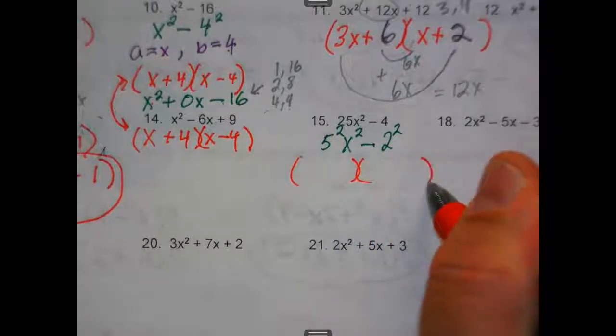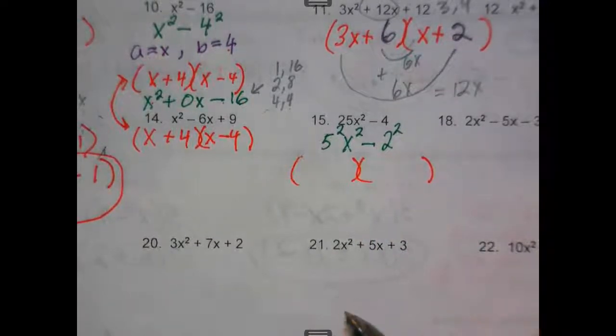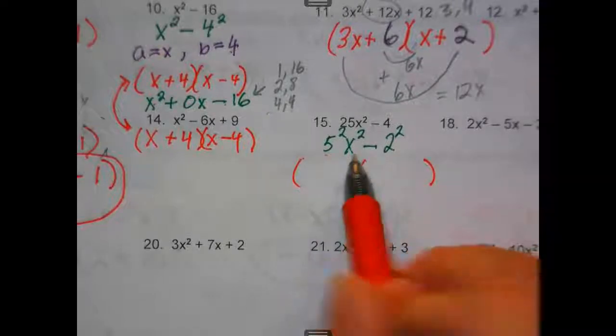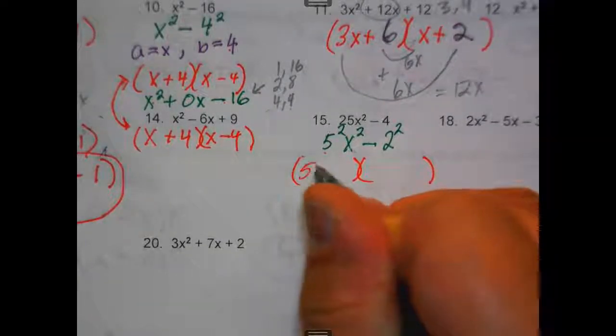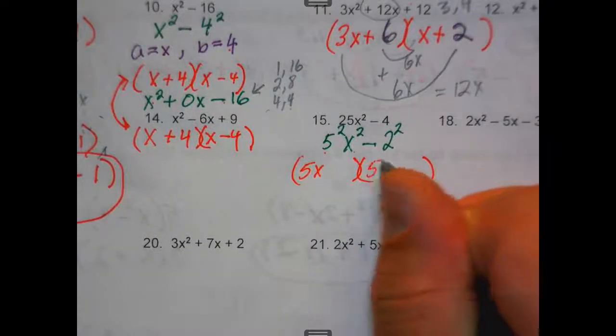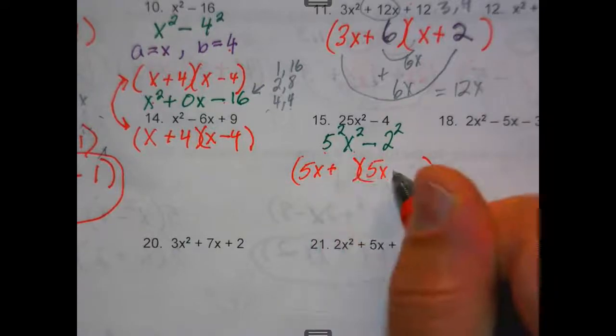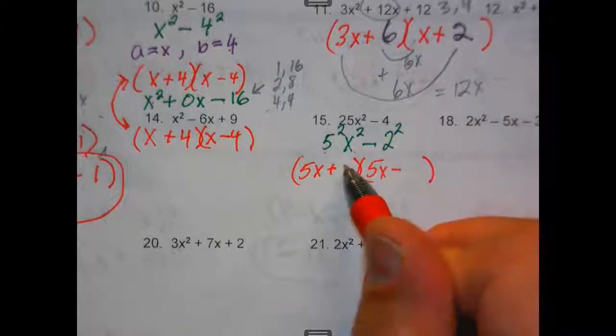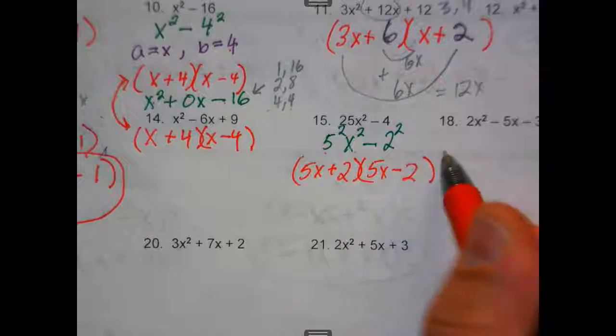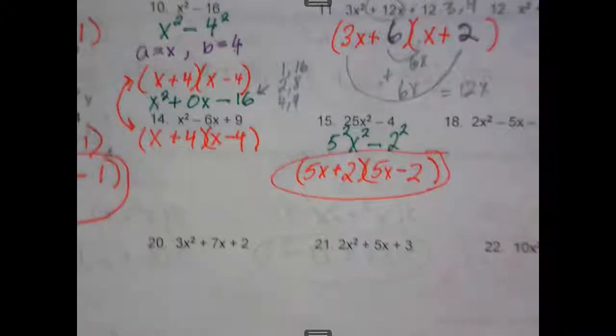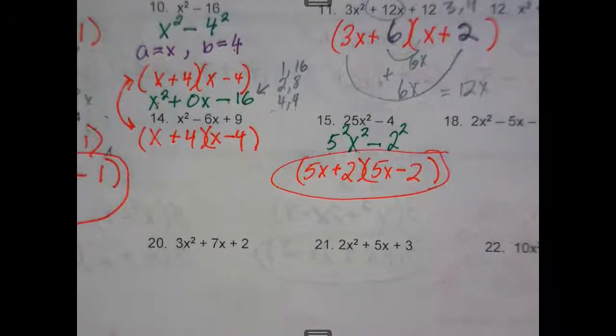What's my a here? It's the base. 5x, right? Plus, minus, and what's the base on the other one? 2. And I'm done. Really a shortcut formula.